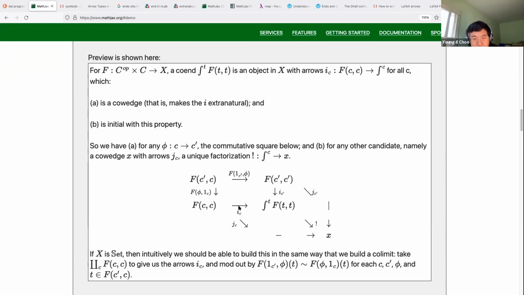And then you're done, because the fact that you mod it out by that means that all of these squares will commute. And the fact that you started out with a coproduct means that this thing will be initial with that property. You will always get this unique.